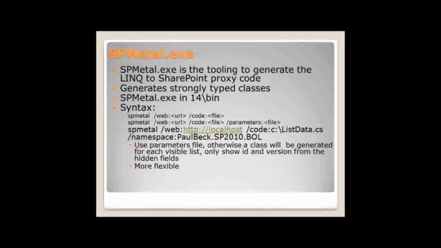And there's quite a lot of parameters, extensions you can add to the call, so you tell it which website you want to run against, because you're running specifically against a site collection. You can tell it if you want it in C# or VB. And then there's a parameters file, which we'll discuss in a minute, along with all the syntax and parameters. So this will just generate you nice strongly typed classes, which is your API, which you can then work against for your list data and call the data you want.